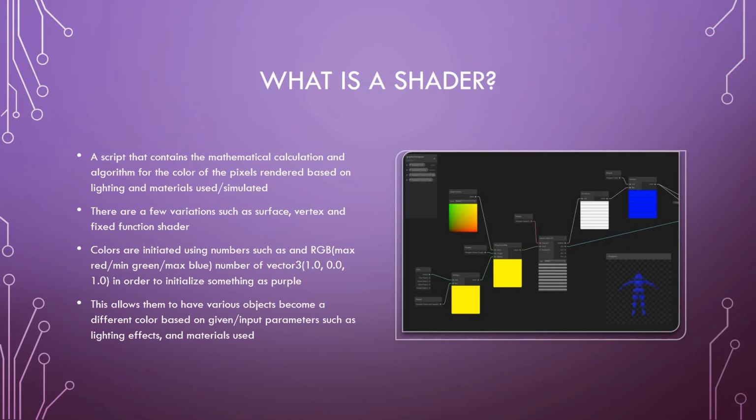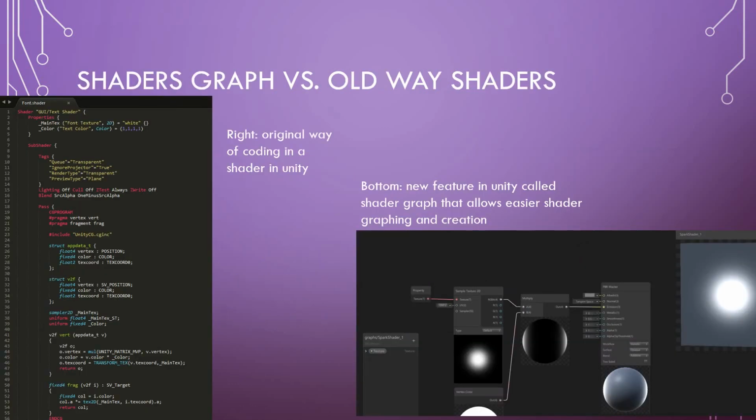Or if you have 1 red, 0 green, 0 blue, you'd get red as a color and such. Thus, depending on the user input, you can get different colors and how shiny you want something to be based on how metallic it is or the light and such. And it's all done through graphing what connects to what.